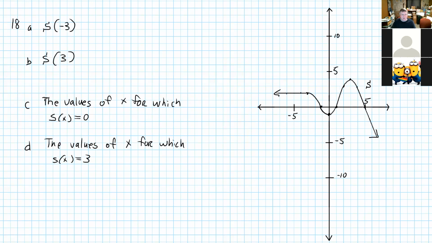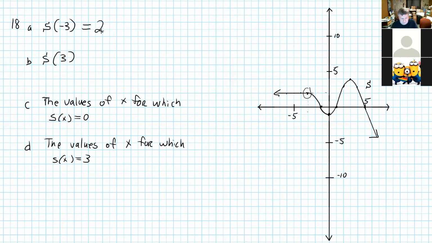Next slide, next question, exact same idea. Now we have this graph called S. We want to find S of -3. So on this graph, find an X value that is -3. That would be right here. What's the corresponding Y value? 2.